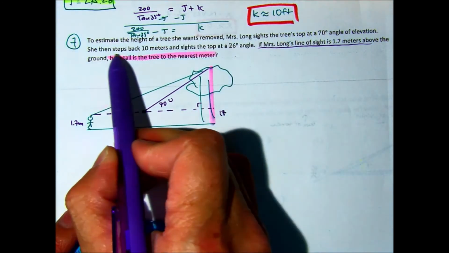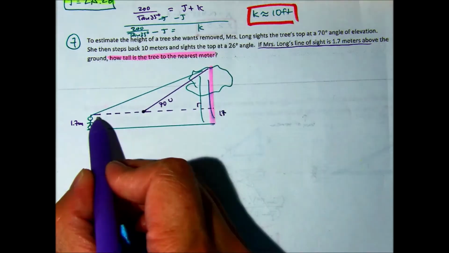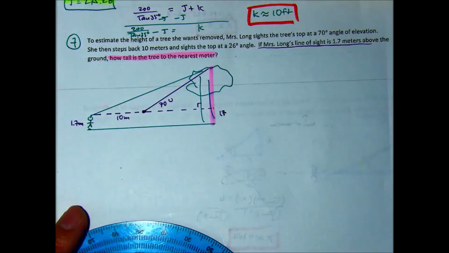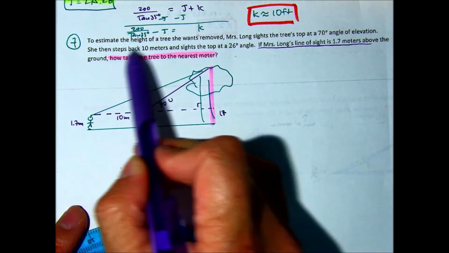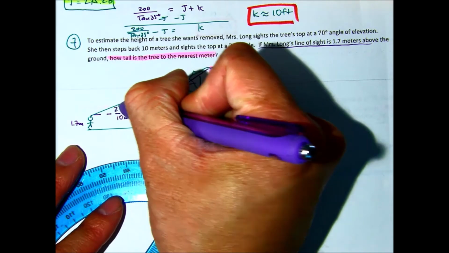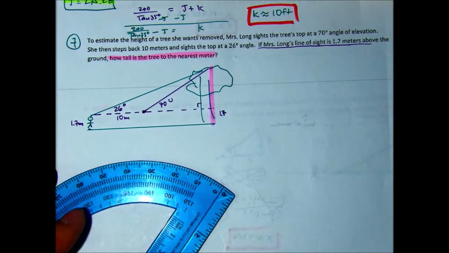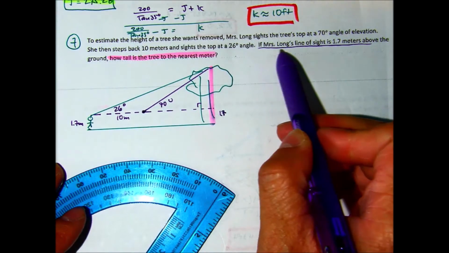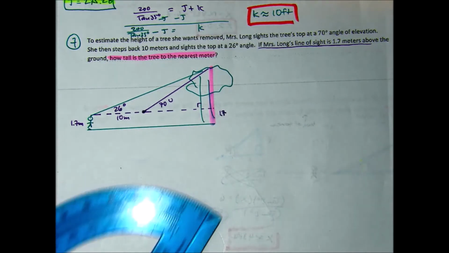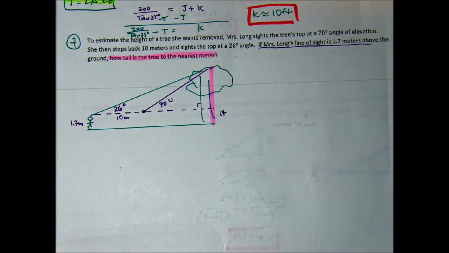She then steps back 10 meters. So this length here is 10 meters. And now the sight to the top of the tree is now 26 degrees. If Mrs. Long's line of sight is 1.7 meters above the ground, how tall is the tree? So this is your picture.